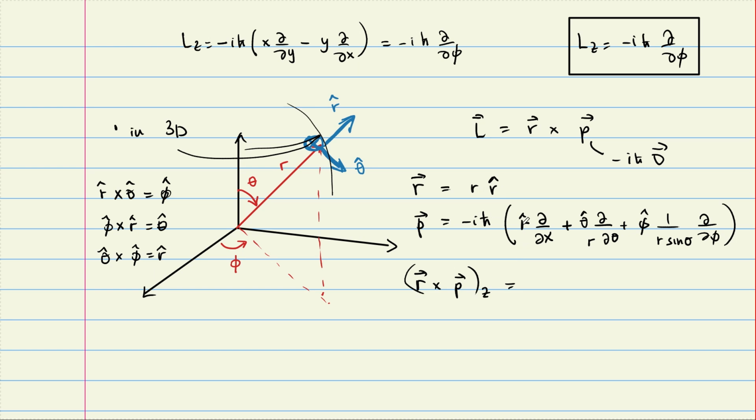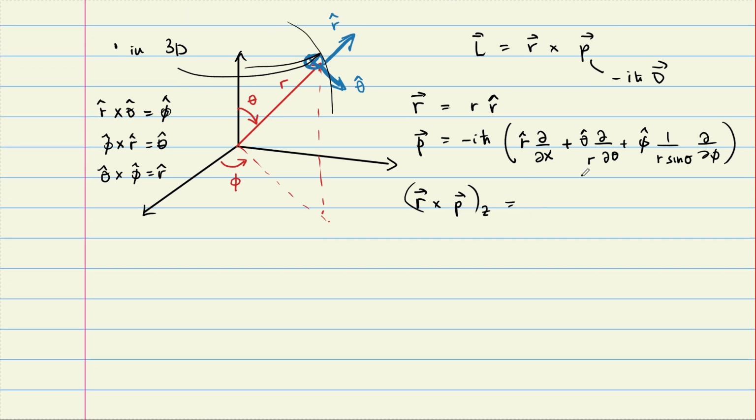So now I am going to write this thing. You can see r cross r is going to be 0. And I also need to do one more thing. I need to calculate the Z component. So for this, I'll just take L dotted with the unit vector along Z. And what is the unit vector along Z? So this is the Z direction. This is my r unit vector, and perpendicular to r, I have this theta, and my Z is in this direction, so this angle is theta.